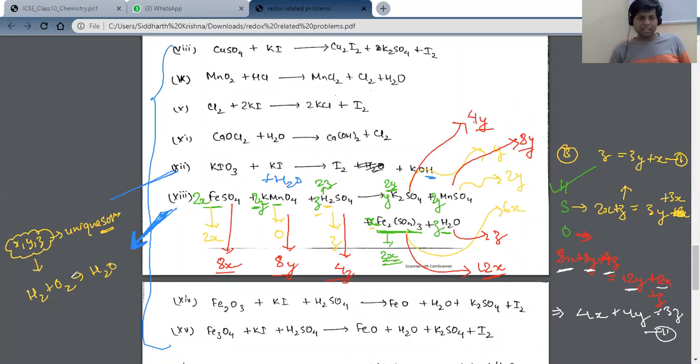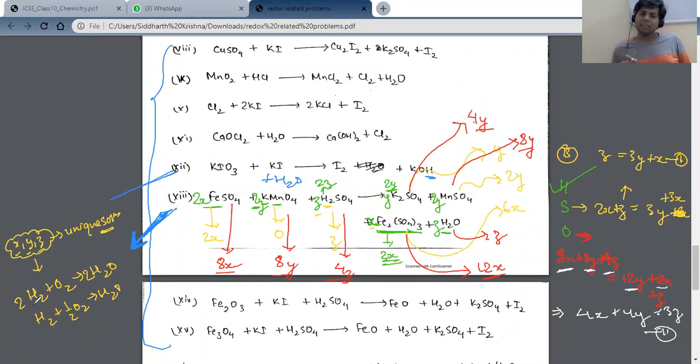So you can write it like this: 2H2 plus O2 gives 2H2O. Is it correct? Same reaction, you can write it like this: H2 plus half O2 gives H2O. This is also correct. That is why these coefficients x, y, and z, their value does not have to be unique.